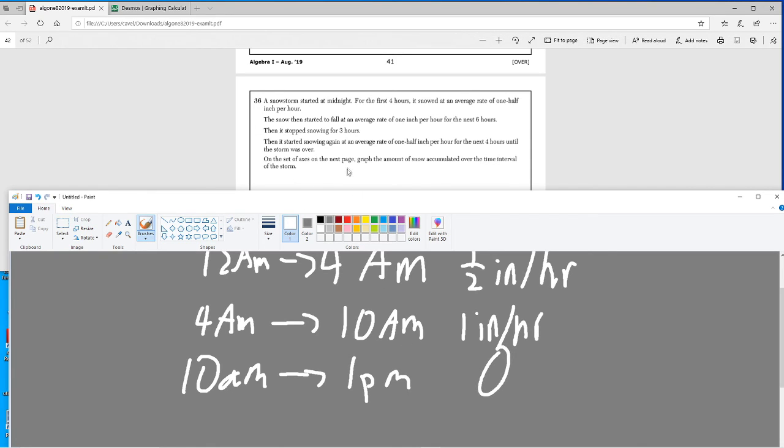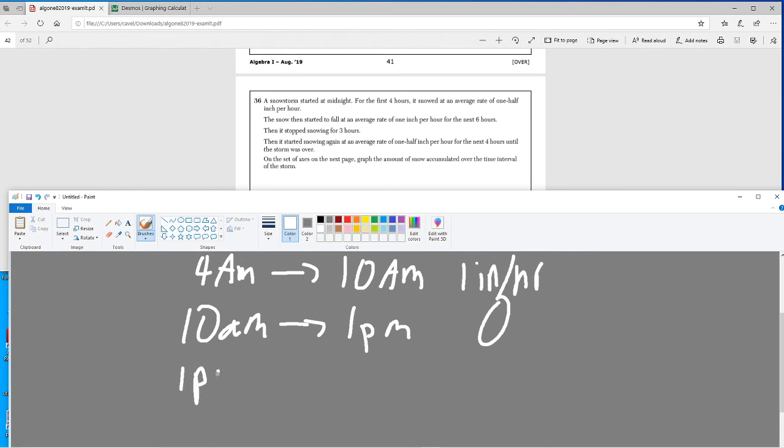Then it started snowing again at an average rate of 1/2 inch per hour for the next 4 hours until the storm was over. So 1 p.m. to 5 p.m. is 1/2 inch per hour.